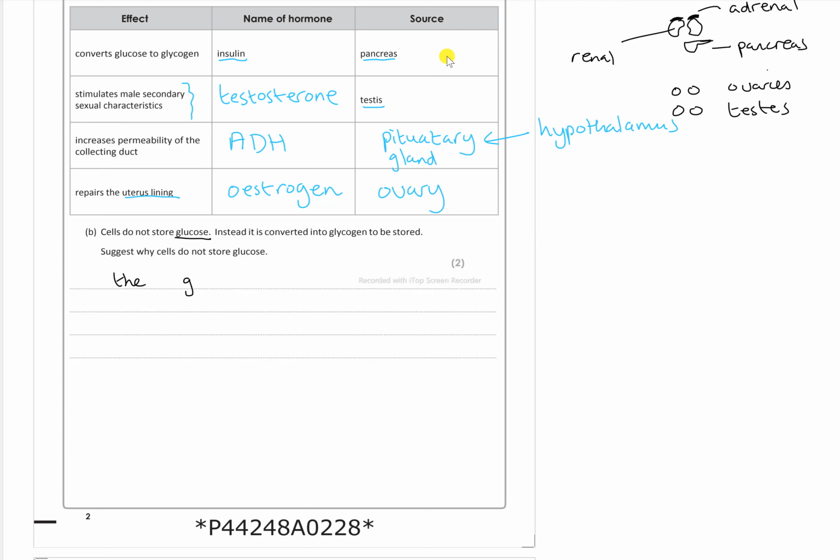The glucose is soluble in water, which would be lost through osmosis or osmotic effect.